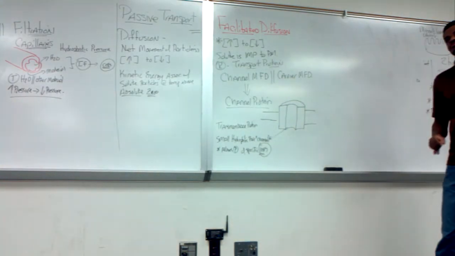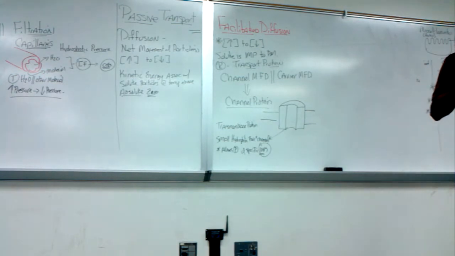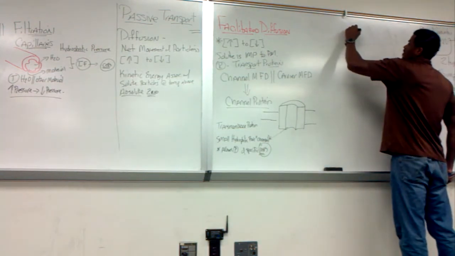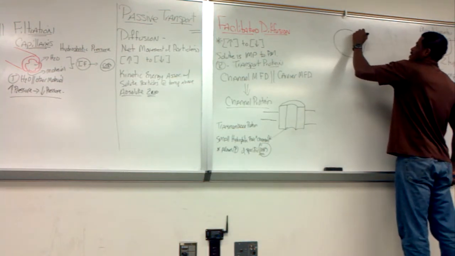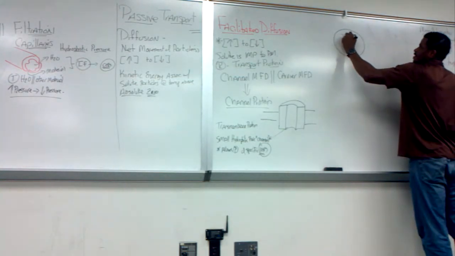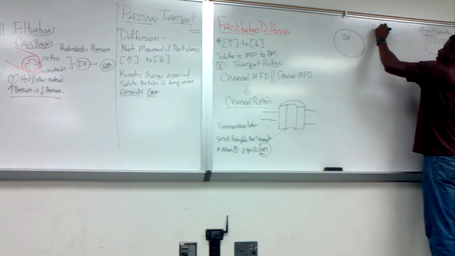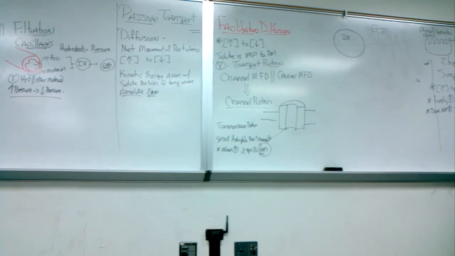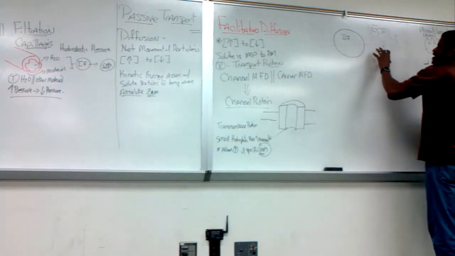If you take a look at the intracellular fluid and the extracellular fluid, the primary cation in the extracellular fluid is what? What's the primary positive charge in the extracellular fluid? Sodium.